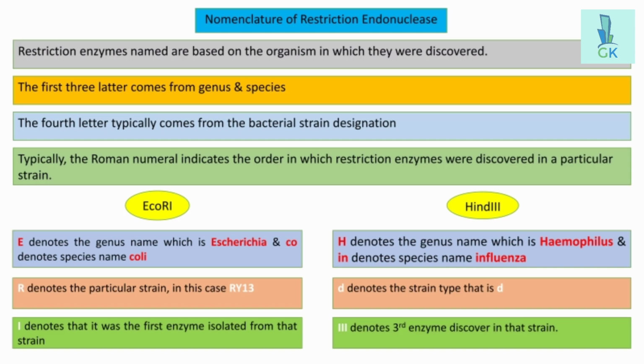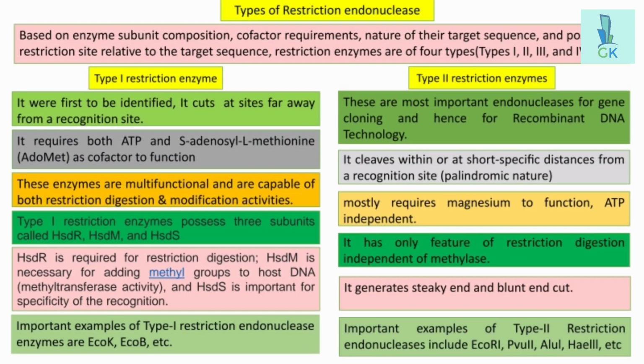Likewise, in HindIII, H refers to the genus name Haemophilus and in refers to the species name influenzae, and d was the bacterial strain, and the Roman numeral III denotes that it was the third enzyme discovered in that particular strain.